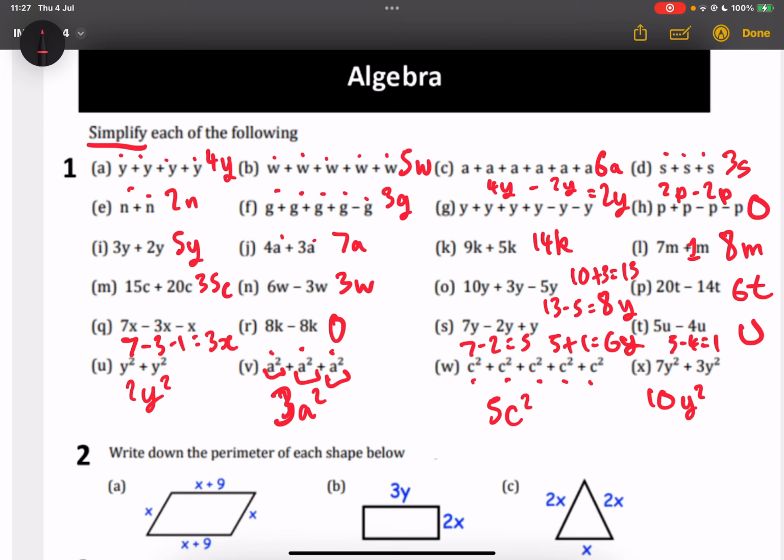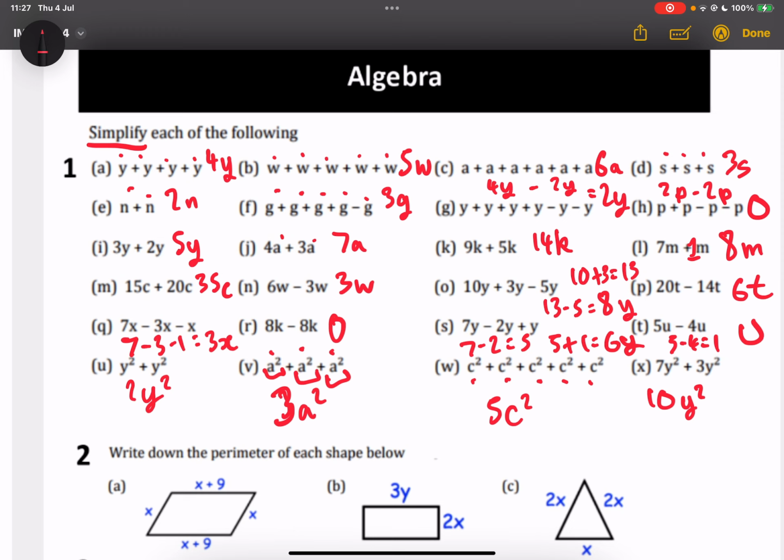For D, x minus 4 is 5. So we know that x is equal to 5 plus 4 because the sign switches when it swaps sides. So x is 9. E is very similar: 13 minus 4 is going to be 9, so x is 9.